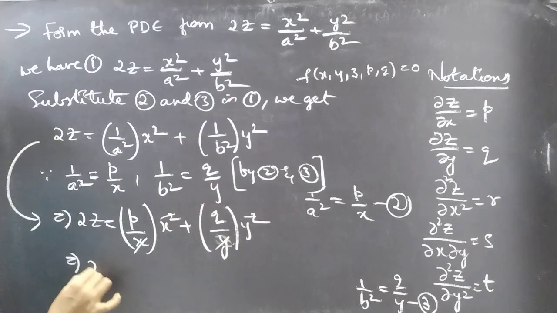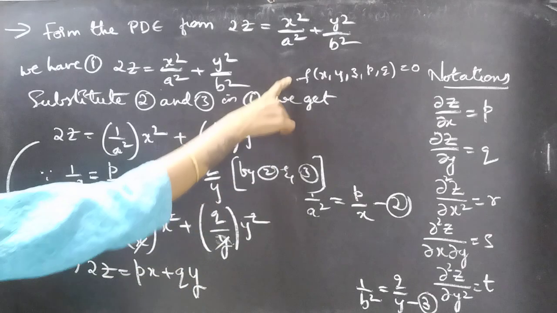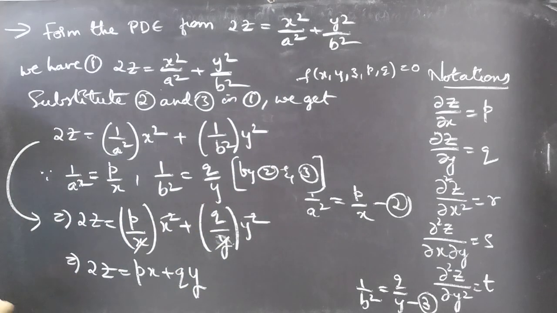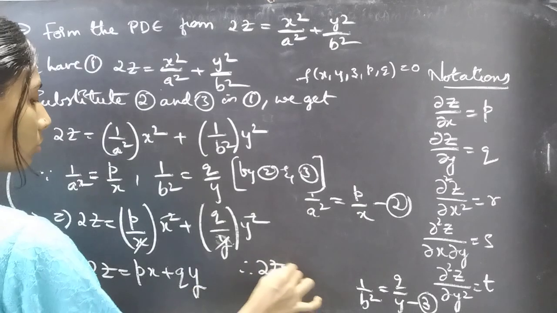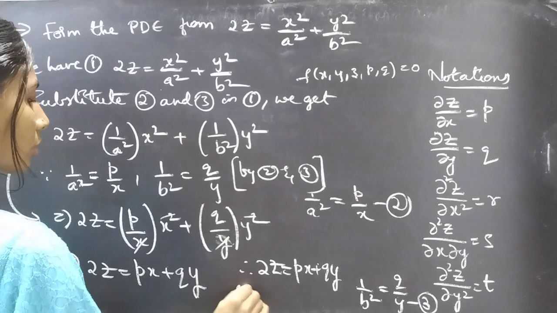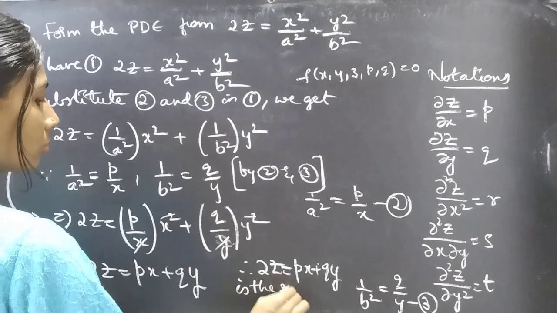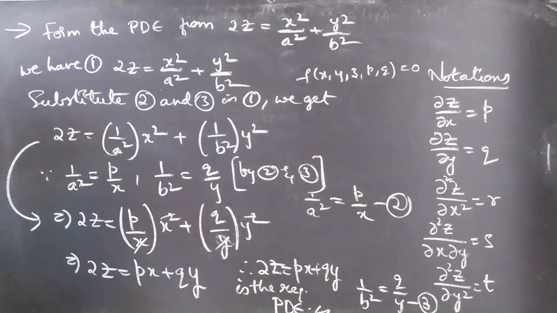Now this gives us 2z equal to px plus qy. Therefore, 2z equal to px plus qy is the required partial differential equation.